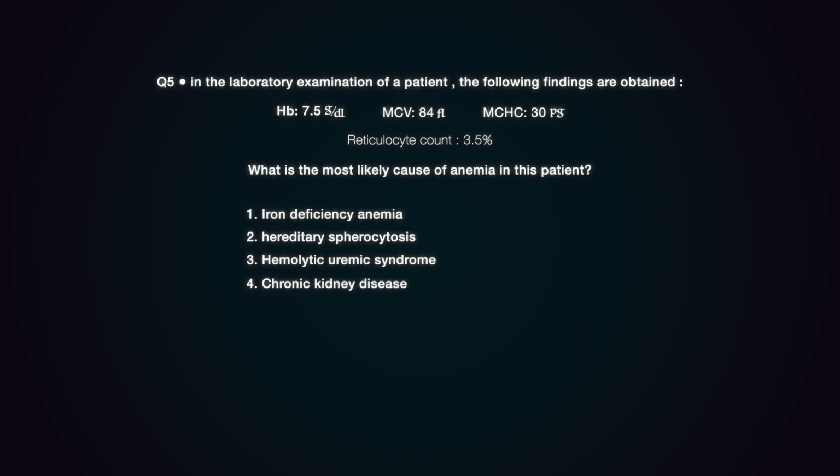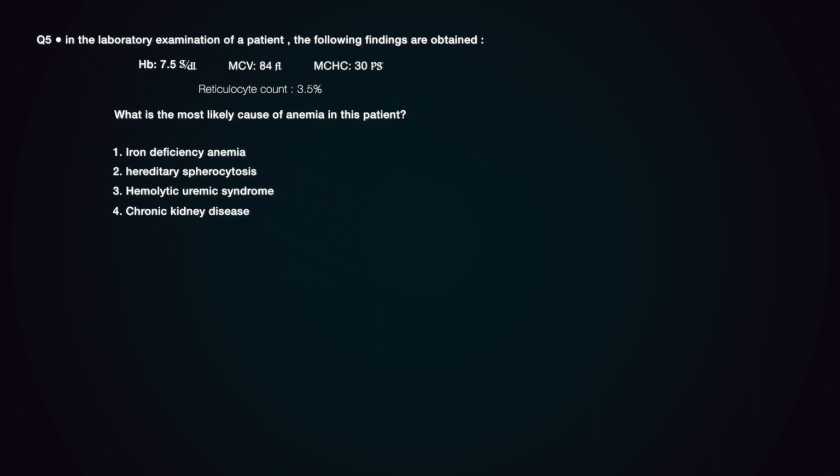I should say at first that this question is a little complicated, so what do you comprehend from this case? A low hemoglobin represents anemia. A normal MCV is between 80 and 100. In the matter of MCHC, simply it could be said that it represents the hemoglobin concentration.